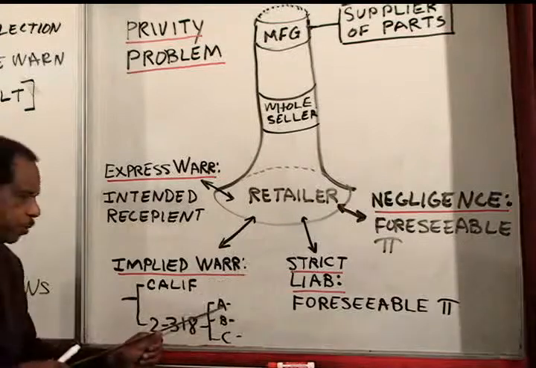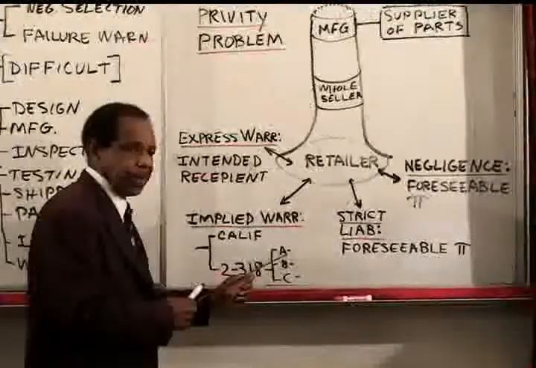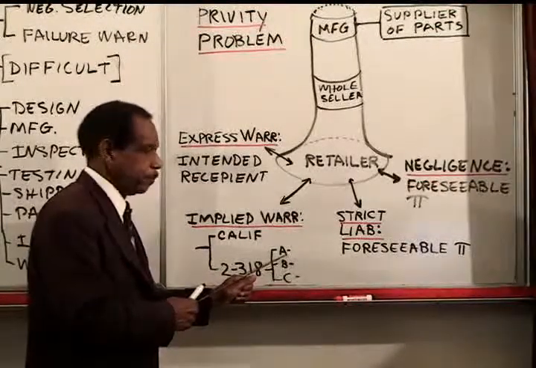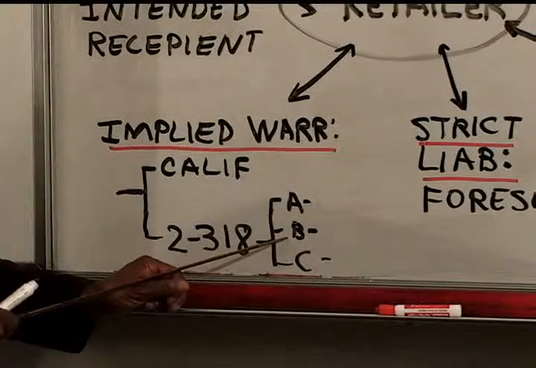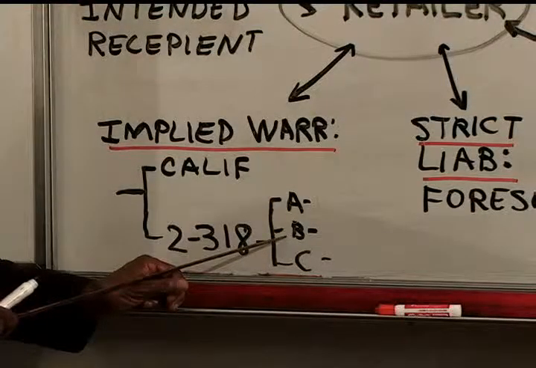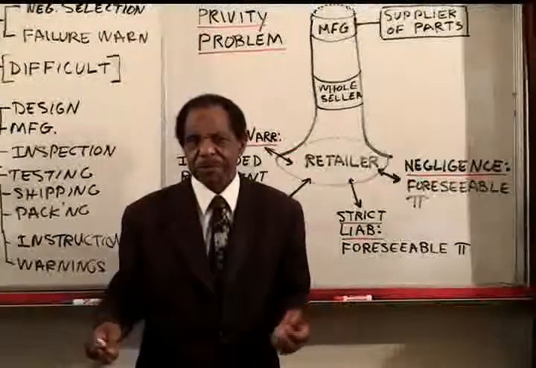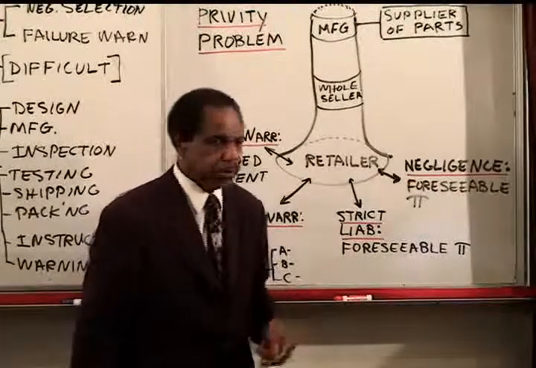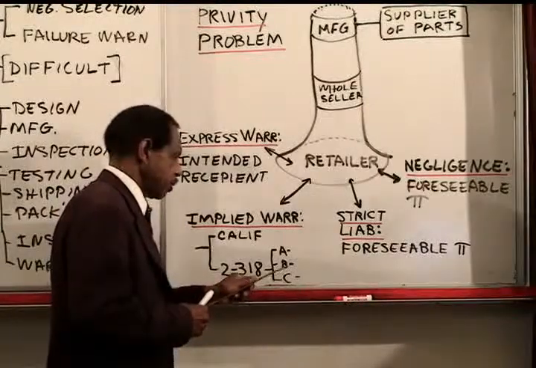Family of the person who bought it, the purchaser, or that person's family or household guest, can sue for personal injury only. B says anyone expected to be affected by the use of the product. So if I bought a bicycle from you, pedestrians are expected to be affected by the use of the product, so a pedestrian could sue even though they're not family or guests if the jurisdiction has adopted B.